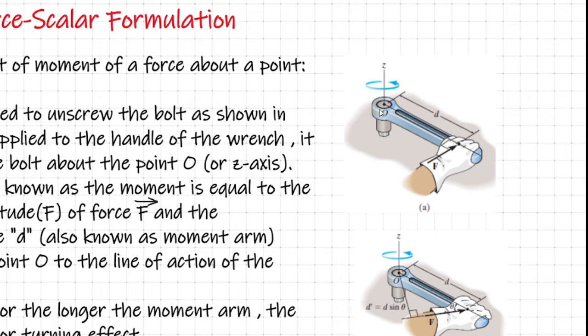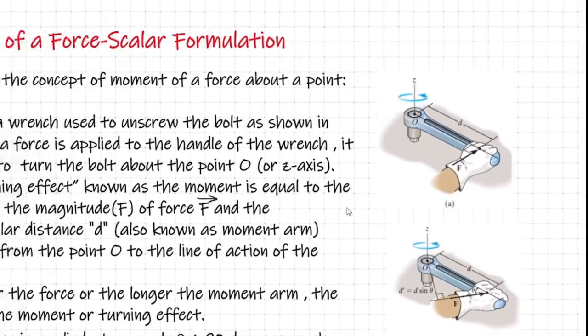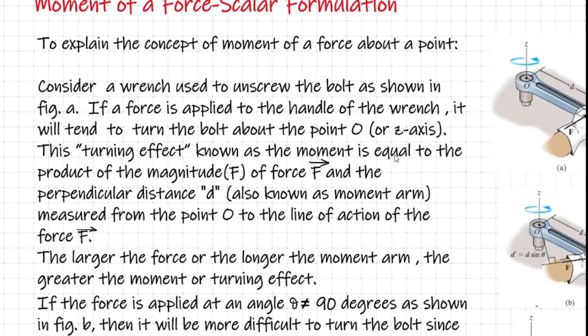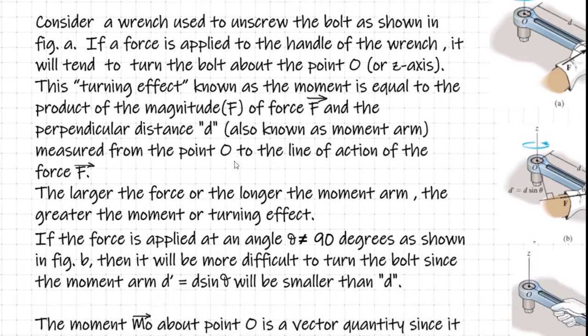Accordingly, the moment of a force F about a point O is equal to F into D. So the methods of increasing the turning effect at the point O are to increase F, or increase D, or increase both. So we conclude that the moment of a force about a point is equal to the product of the magnitude of the force F and the perpendicular distance D measured from the point O onto the line of action of the force F. This perpendicular distance D is also known as the moment arm.